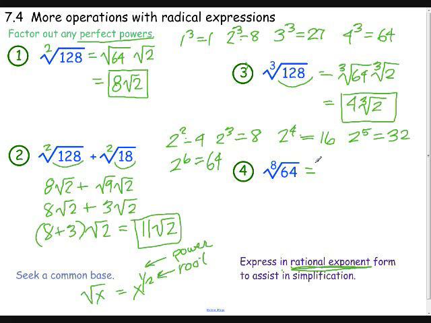Okay, we'll try this. We'll use a rational exponent, 64 to the 1/8.